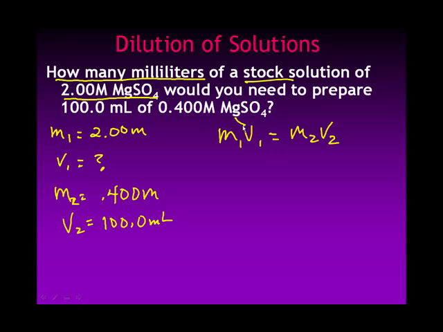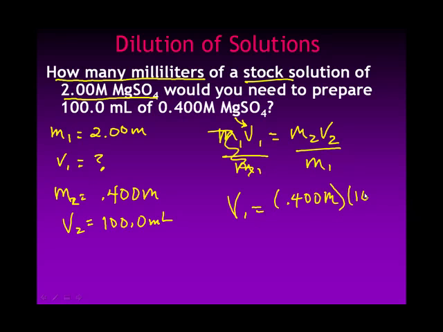I am looking for V1, so I need to divide by M1 so I can get V1 all by itself. And so V1 is equal to M2, 0.400 molar, V2, 100 milliliters, divided by my M1, 2.00 molar.